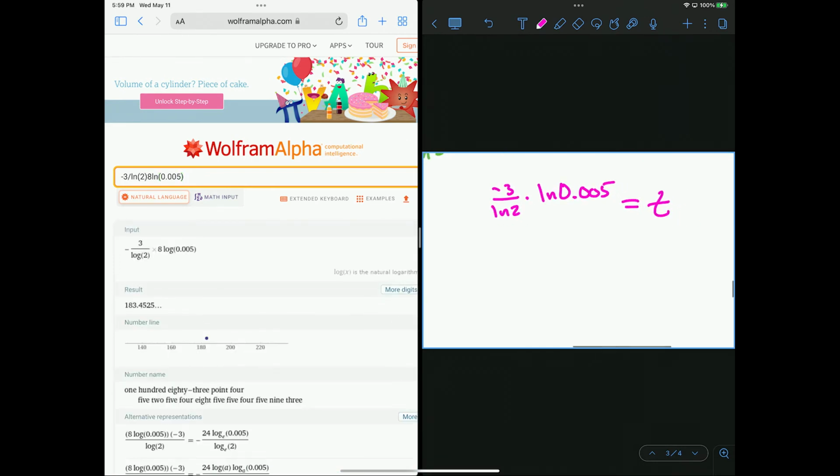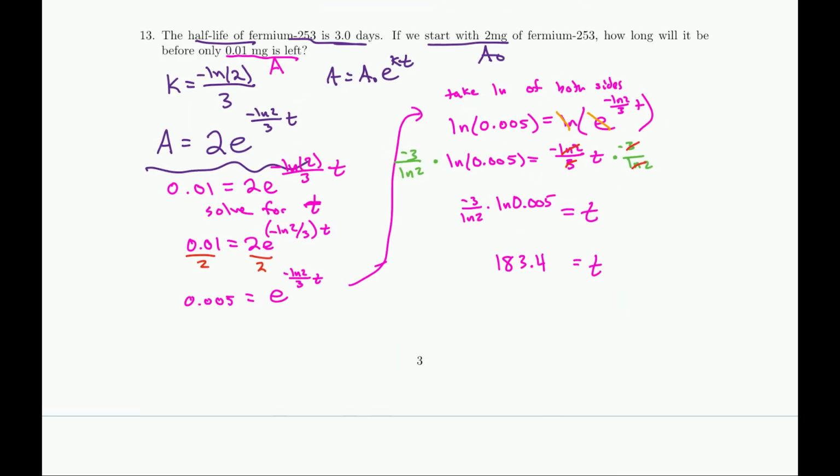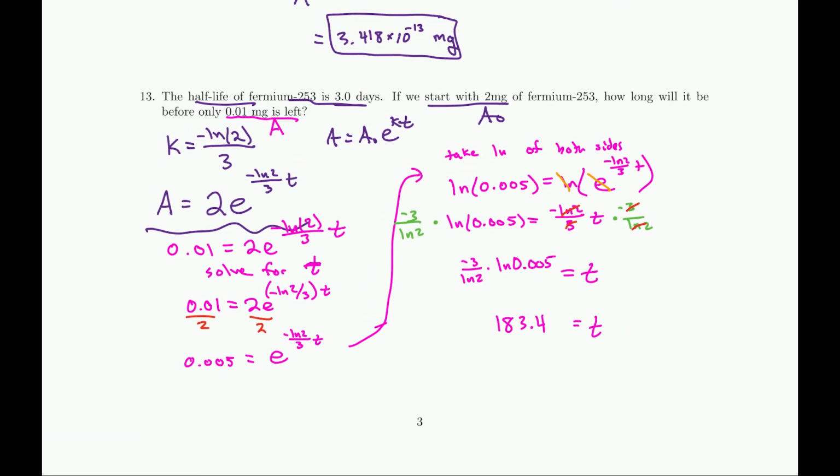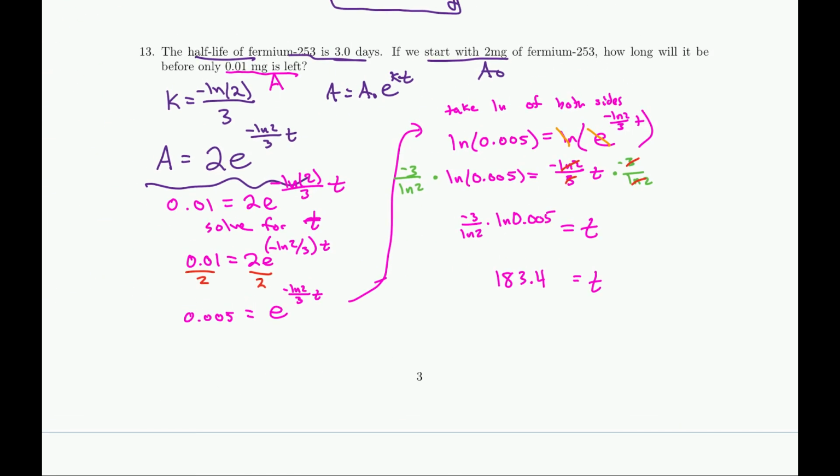And it says t equals 183.4 ish. Now, what did I calculate? So what we were doing was the half-life is 3 days, and we're saying if you start with 2 and we want to go all the way down to 0.01, how long will it take? And the answer is 183.4 days.